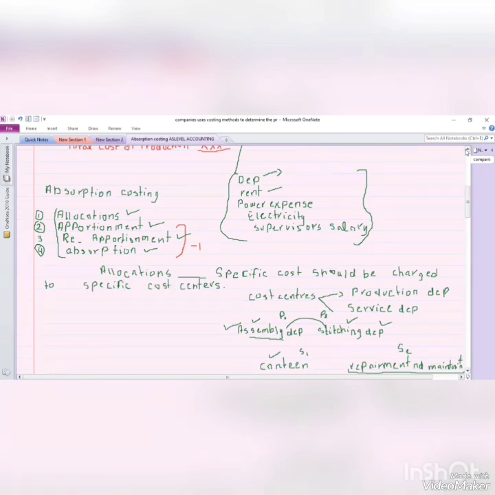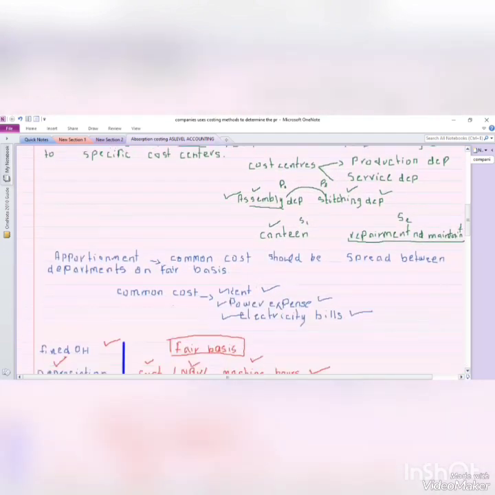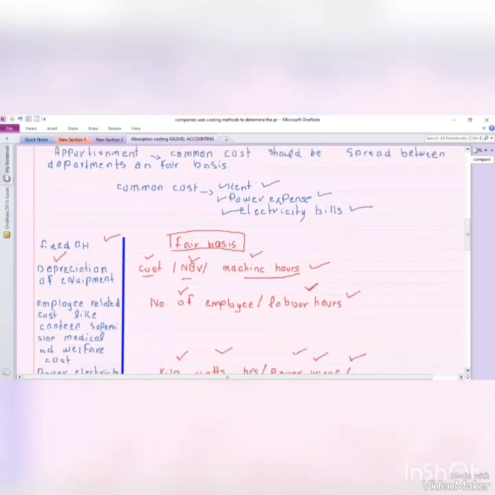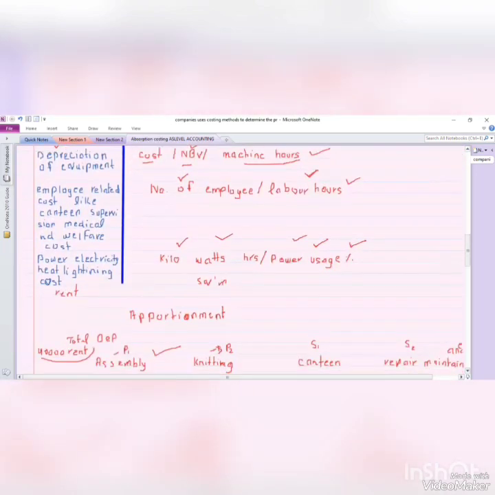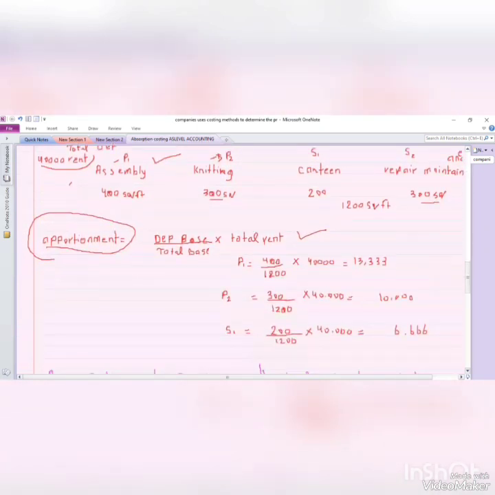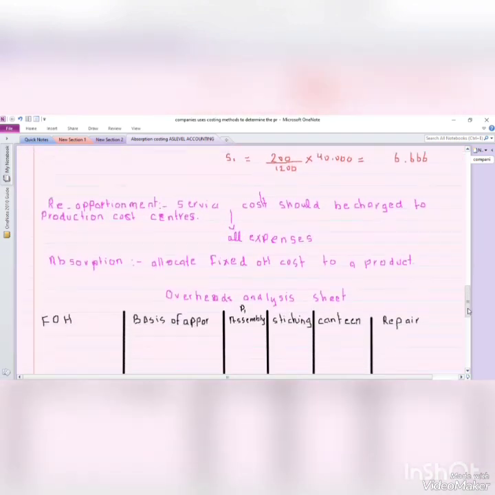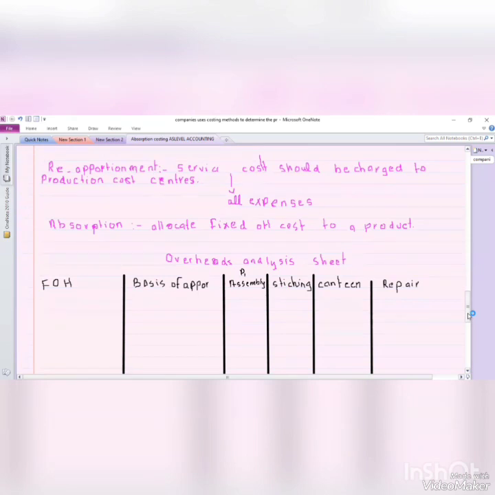Okay, if we are following these four steps, we have to make a sheet. I just made it beforehand, so I thought I should construct it before I take class. This is the overhead analysis sheet.